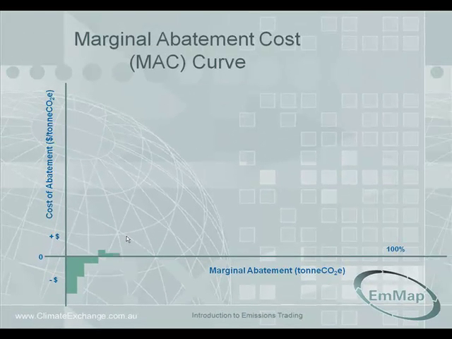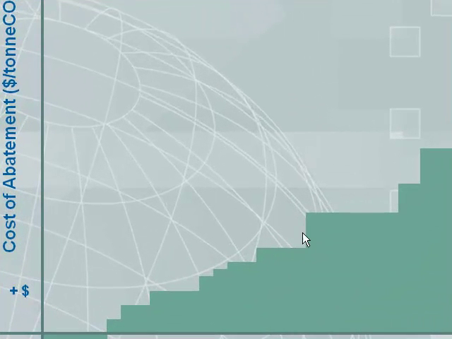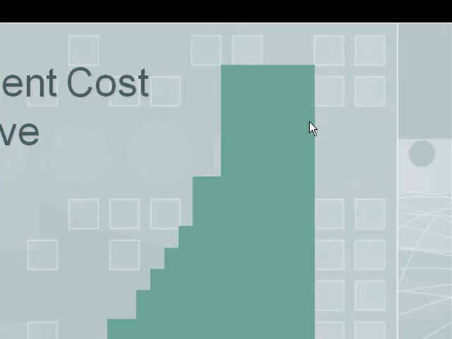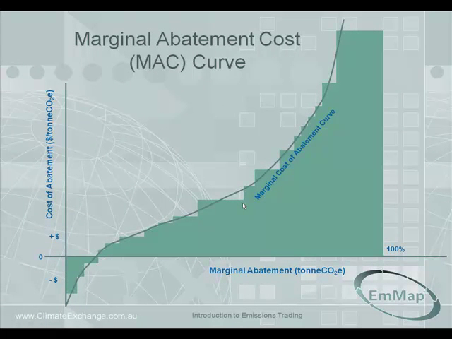Each marginal piece of abatement along that continuum is done at a marginally greater cost per tonne, until we get to a point where there is no technical solution to abate our emissions, and we apply an infinite cost per tonne to those. We can draw a curve along that between all these marginal pieces of abatement, and this is our marginal cost of abatement curve. Now I use this curve to demonstrate how emissions trading actually works.